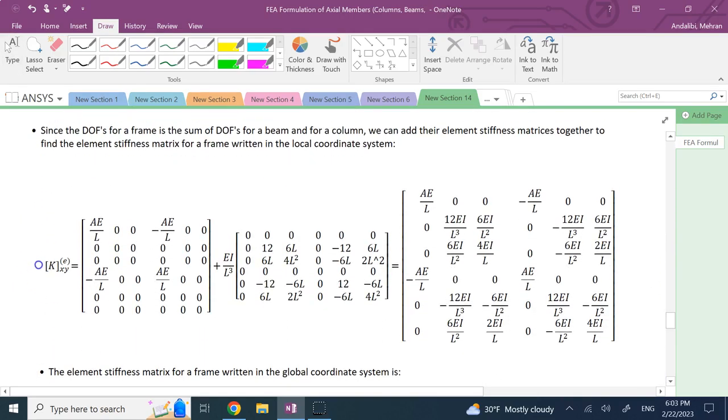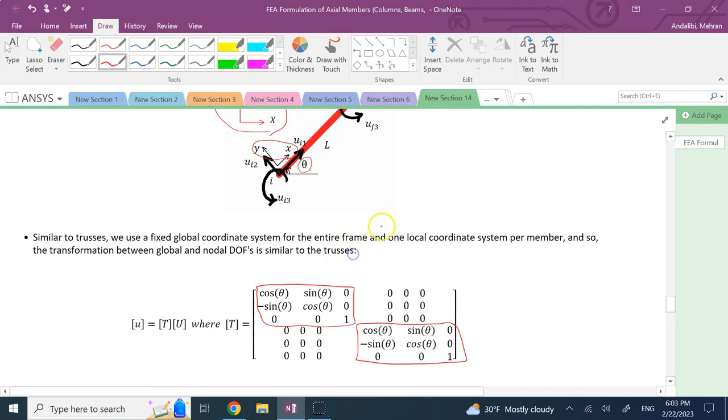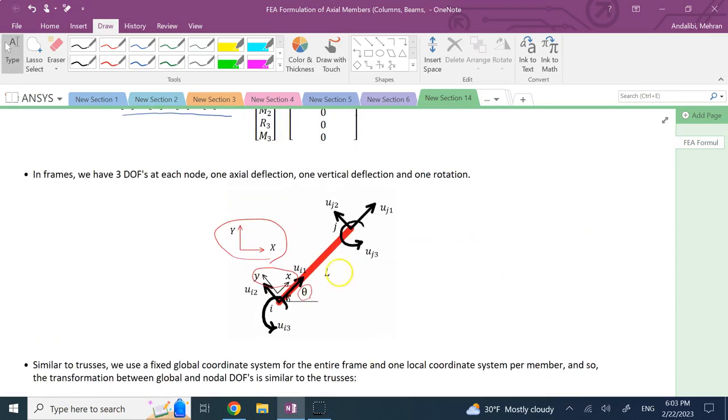Now, locally, how do you get your stiffness matrix? Well, here I don't need to do the minimum potential energy formulation one more time. Why? Because this guy is equivalent to what? This is equivalent to the beam that we already formulated. Remember that? Plus what?